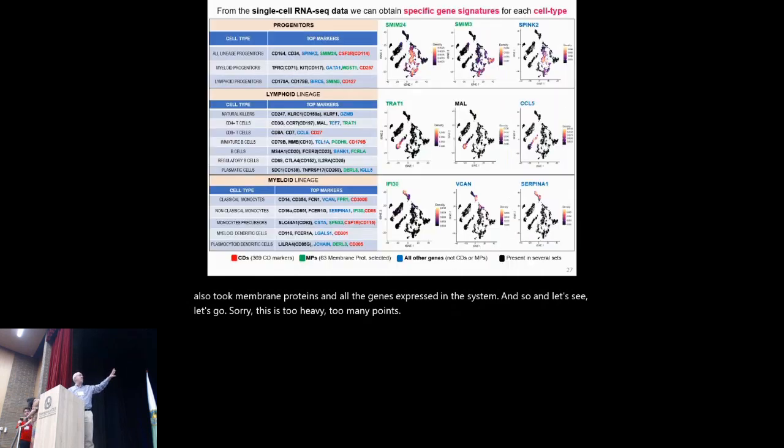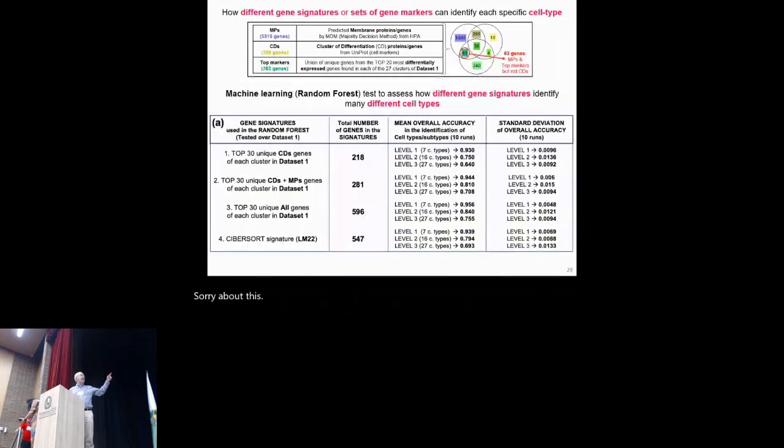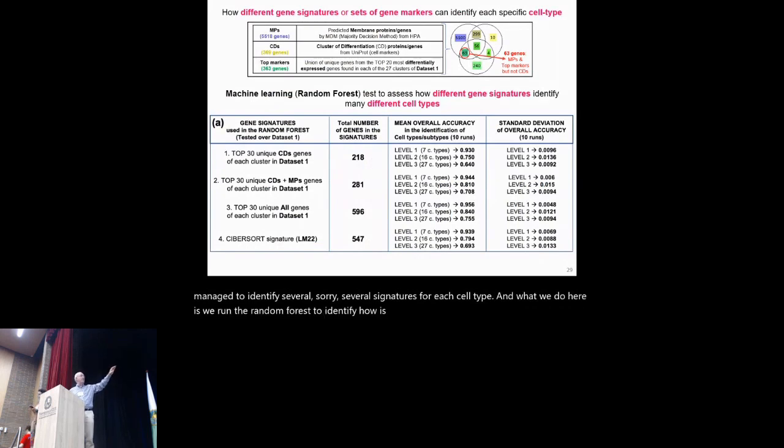And then at the end, we managed to identify several signatures for each cell type. And what we do here is we run the random forest to identify the performance of identification of the different cell types at different levels of granularity, 7, 17, 16 or 27, and then how is the performance.